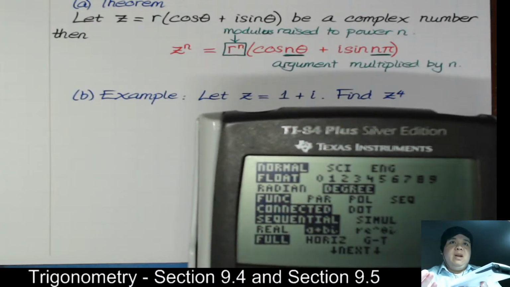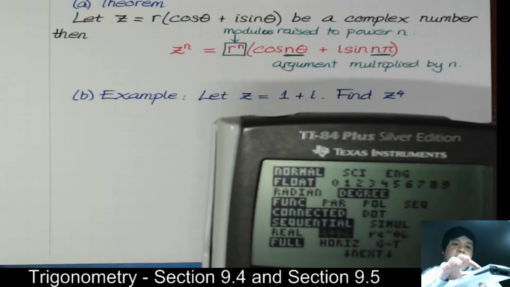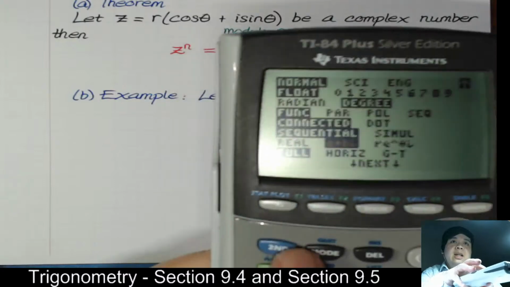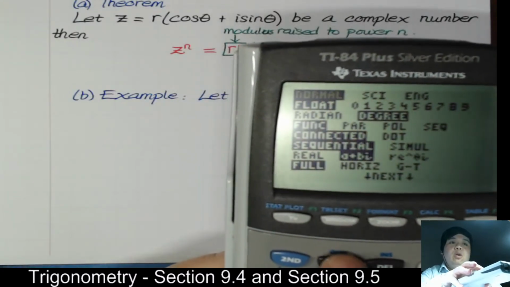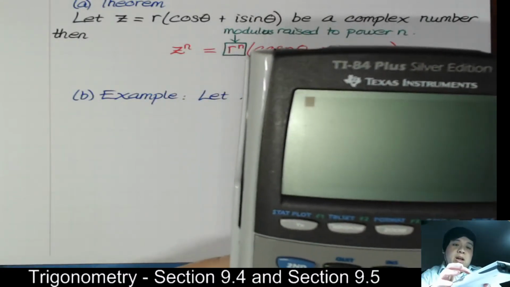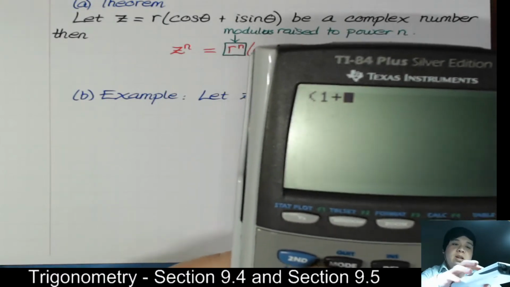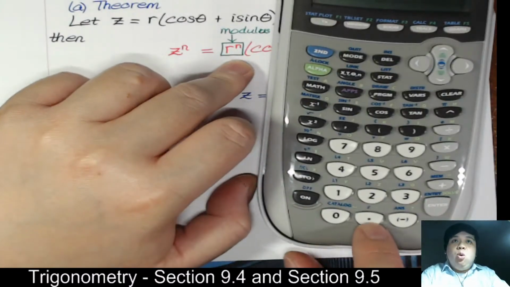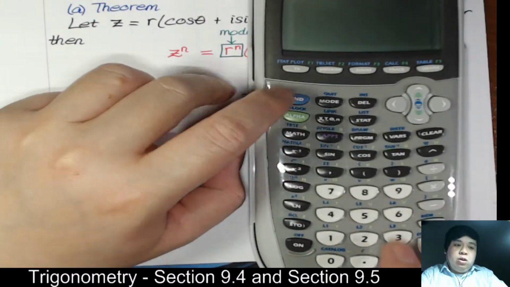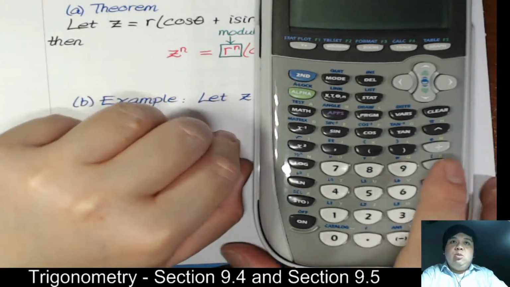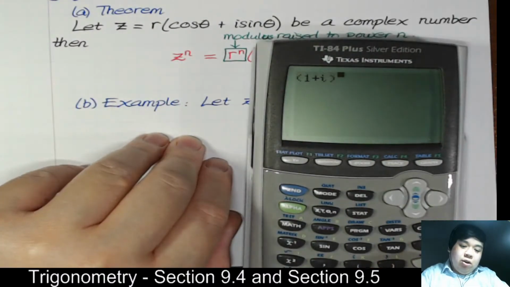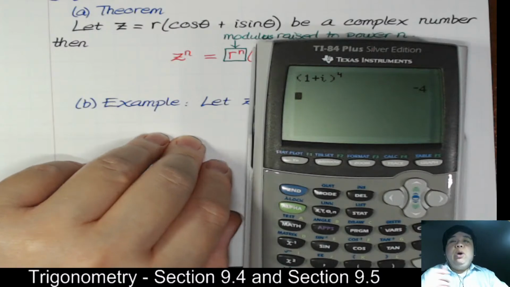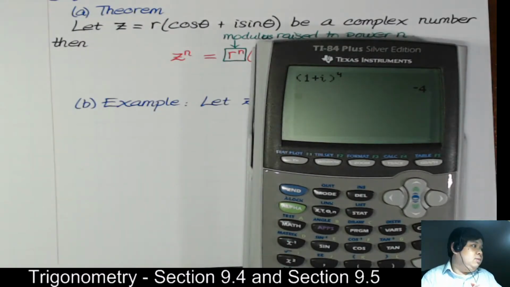Then hit second mode back to the home screen. Now we just type 1 plus the I. The I is the decimal point. Just hit second and decimal point. So 1 plus I raised to the 4th power, we have -4.